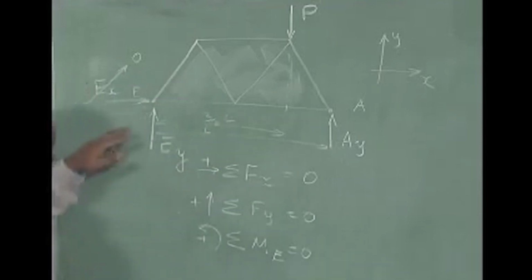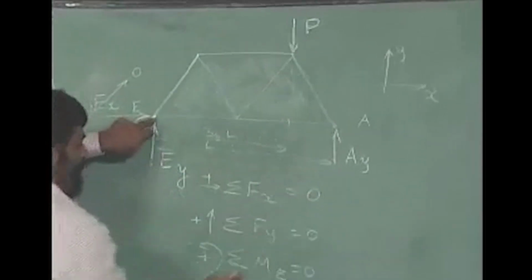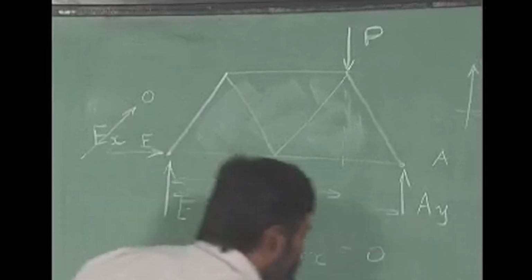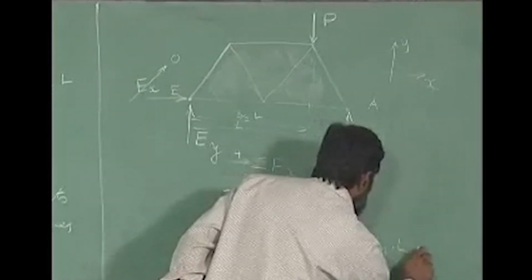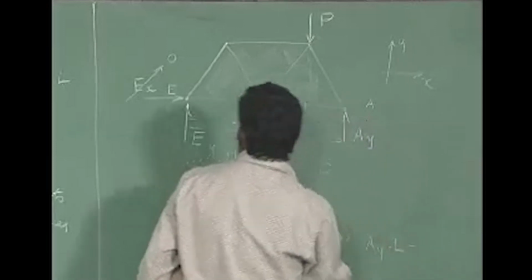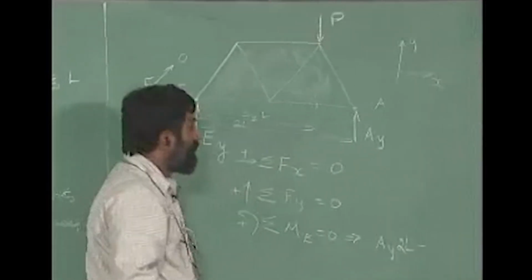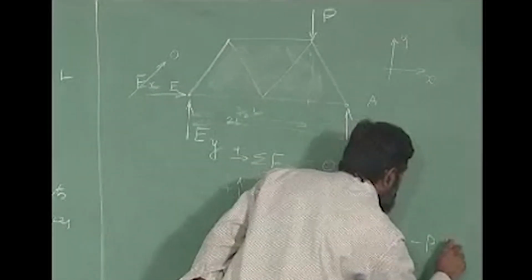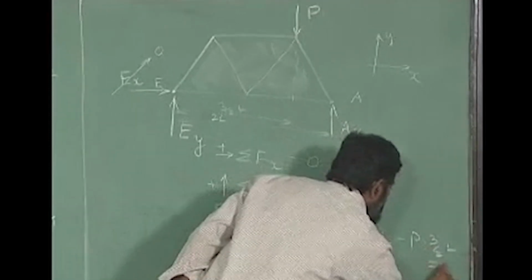Therefore, if I take moment about this, AY gives a positive sense, P gives a negative sense. So this implies AY times 2L minus P times 3 by 2L, okay, and this is equal to 0.